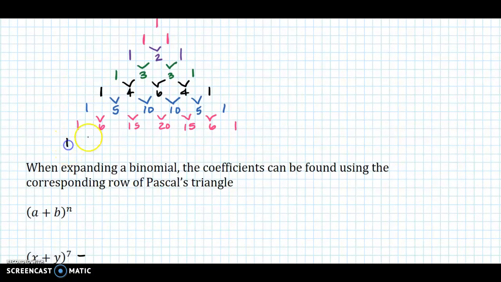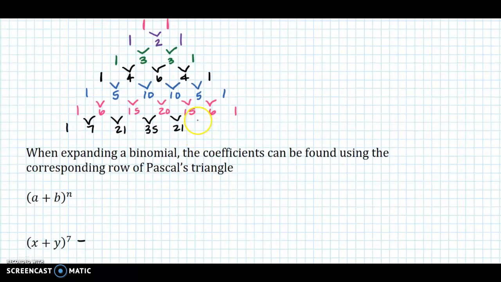And the last one we'll do is 1, then we have 7, then we have 21, then we have 35, then 21 again. Oops, sorry, that's 35. 35 twice in this row. Then 21, then 7, then 1.